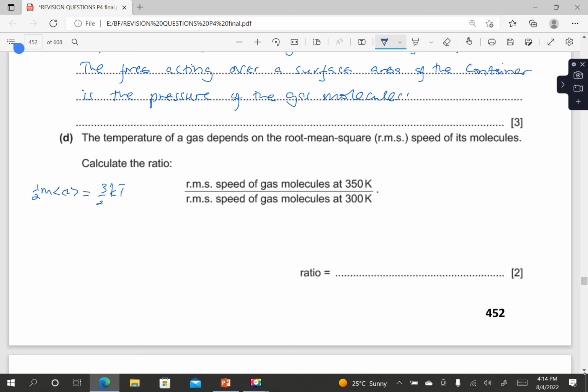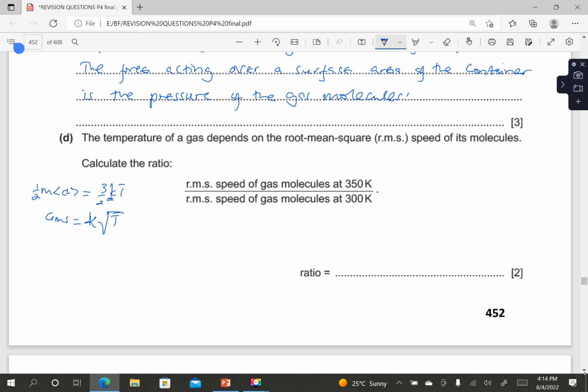That means the root mean square speed is equal to a constant times the square root of T. The root mean square speed is directly proportional to the square root of T.